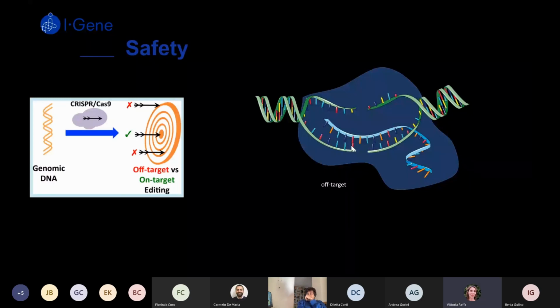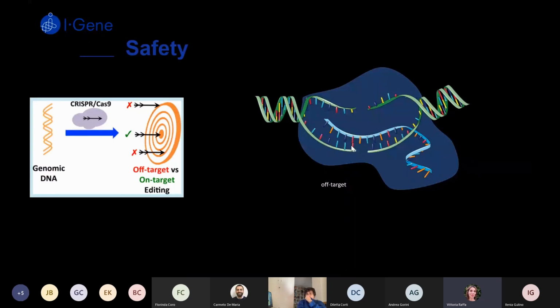You can cut a gene that is essential for the survival of the cells, or in the worst case, you can cut a gene whose cutting is responsible for oncogenesis. So you can create a disease rather than curing a disease. This is a big problem, this off-target event.